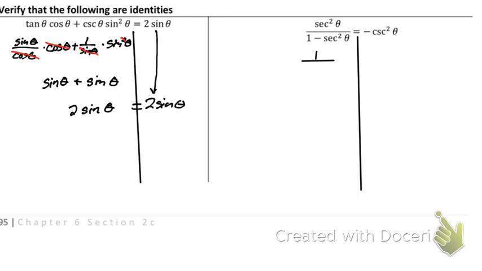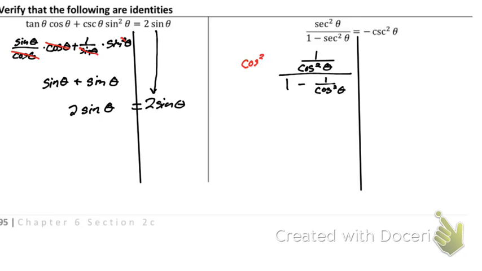So we have 1 over cosine squared theta on top. On the bottom, we have 1 minus 1 over cosine squared theta. I don't like fractions in the numerator. I don't like them in the denominator at the same time. And because it's in the denominator, the easiest way to clear that out is to multiply the top and bottom by cosine squared theta.